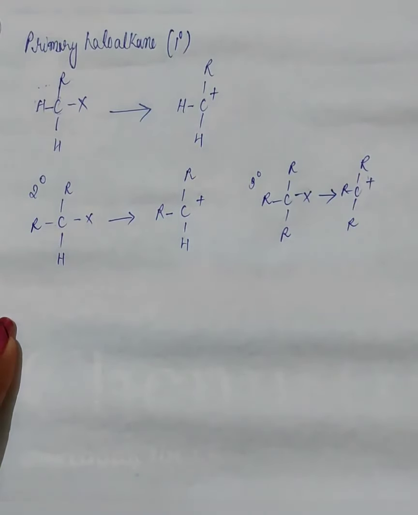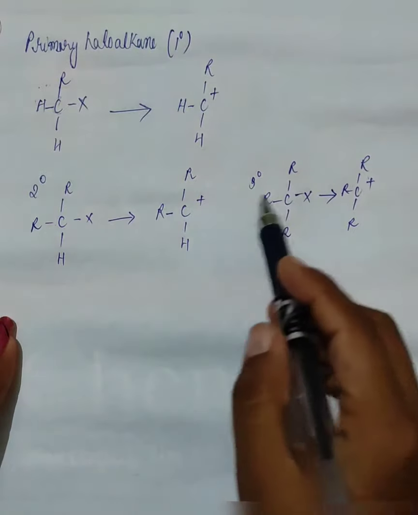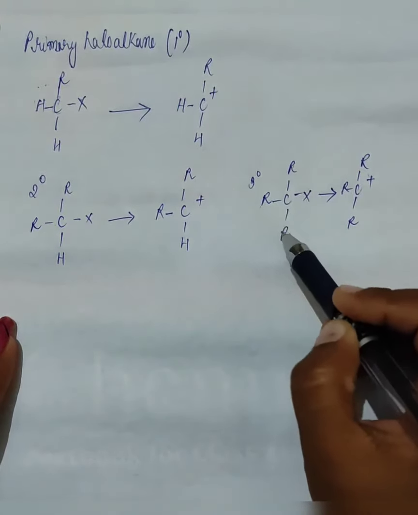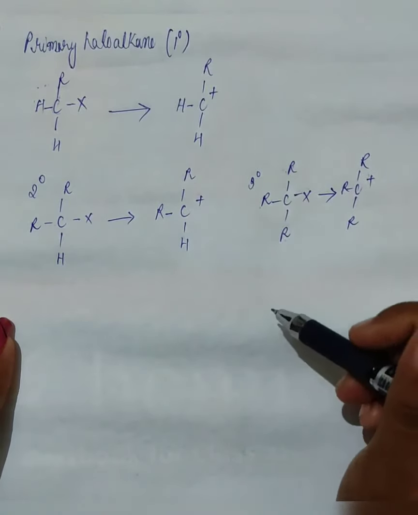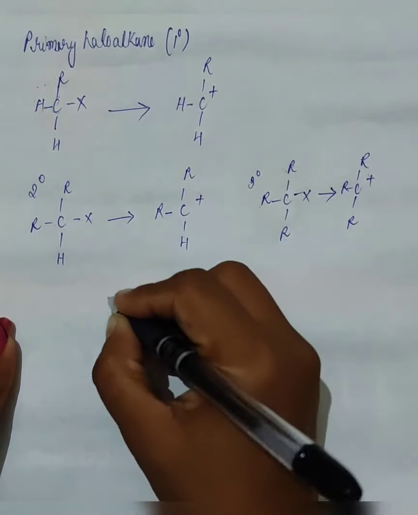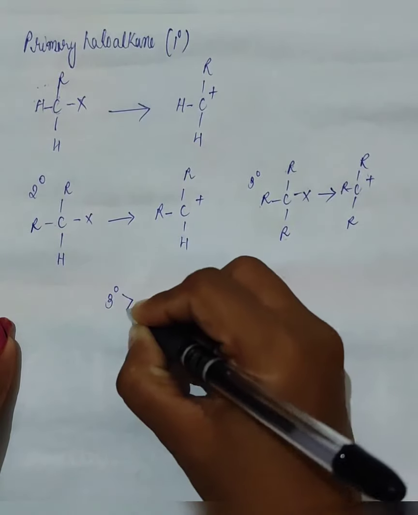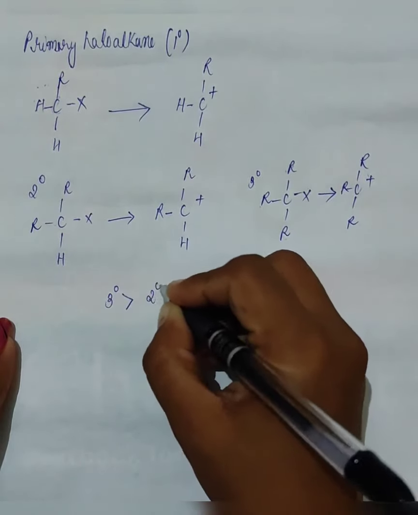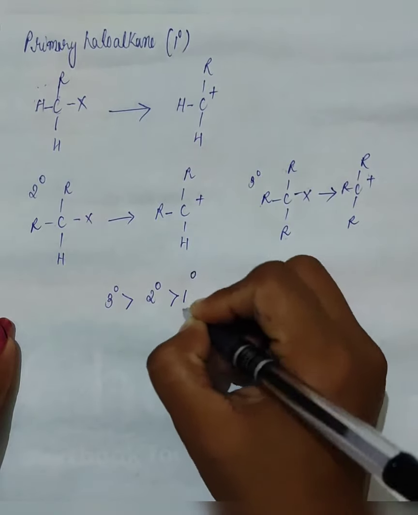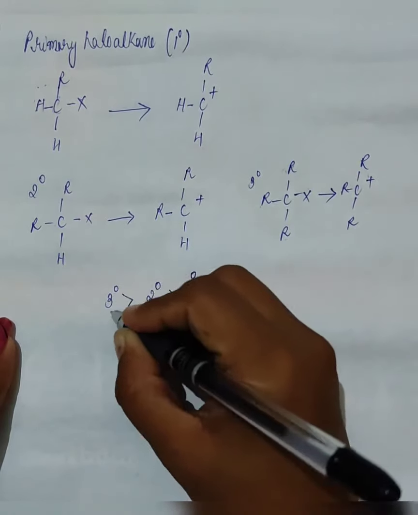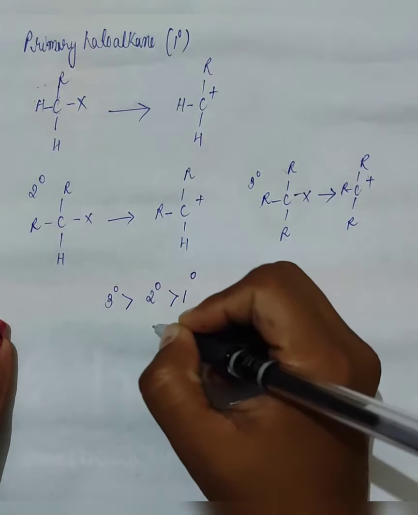Now in these first, second and third degree haloalkanes, the more the number of alkyl groups, the more stable it will be. That means the reactivity order will be in this manner. 3 degree will be more reactive, followed by 2 degree, then the least will be 1 degree. 1 degree is the least stable, 3 degree is highly stable, and 2 degree is the moderate one.